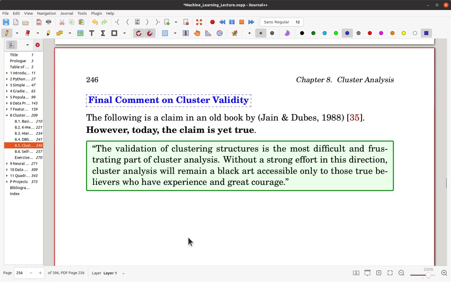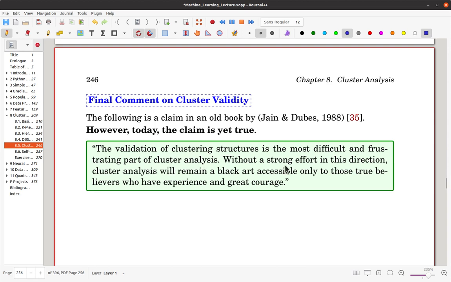Okay, finally, we add a comment on cluster validity. It was made a long time ago, in 1988. However, today the claim is still true. Let's read it. The validation of clustering structures is the most difficult and frustrating part of cluster analysis.